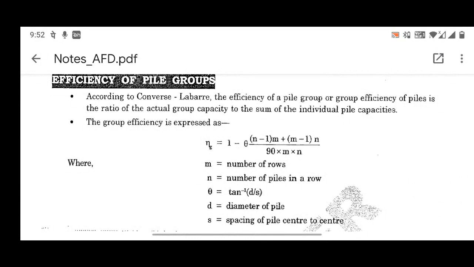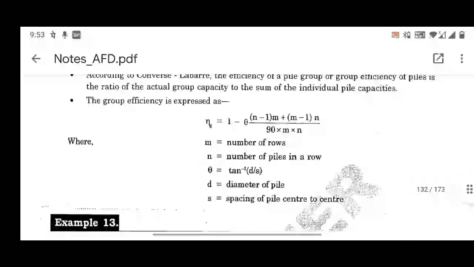Group efficiency is expressed as 1 minus theta times [(n minus 1)m plus (m minus 1)n] upon 90 m n. m refers to the number of rows, which you will count, n refers to the number of piles in a row. Theta is tan inverse of d by s, where d stands for the diameter of the pile and s stands for the spacing of piles.